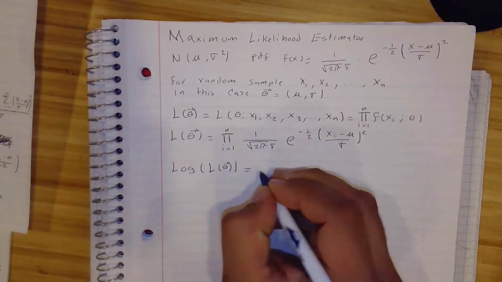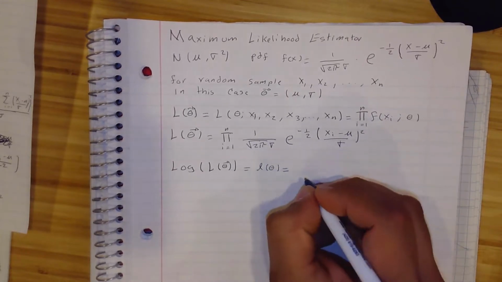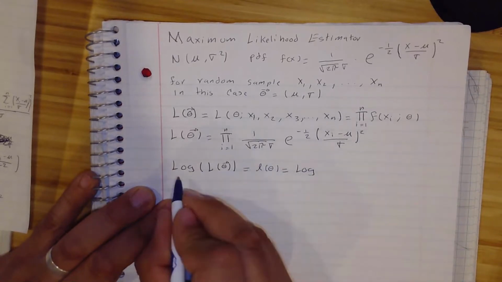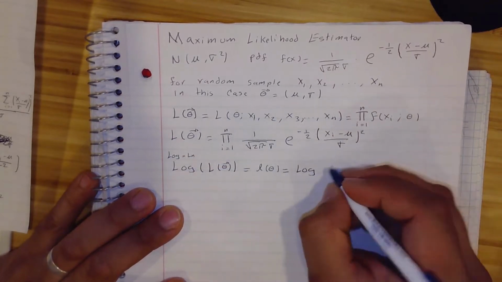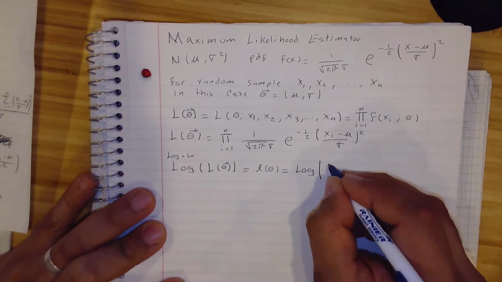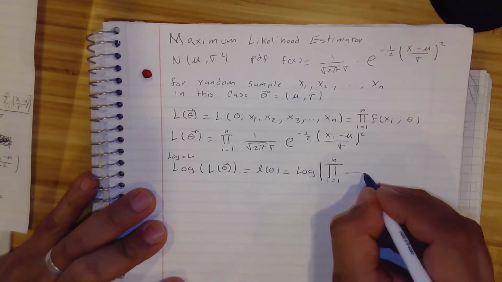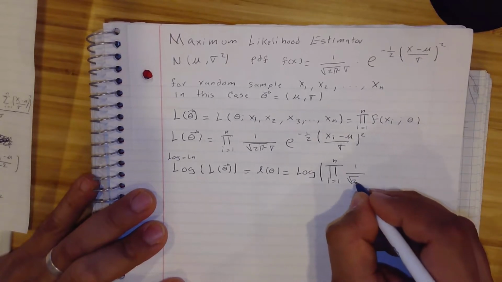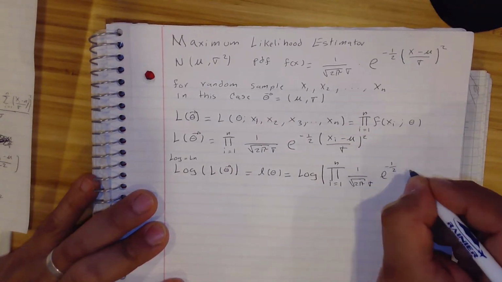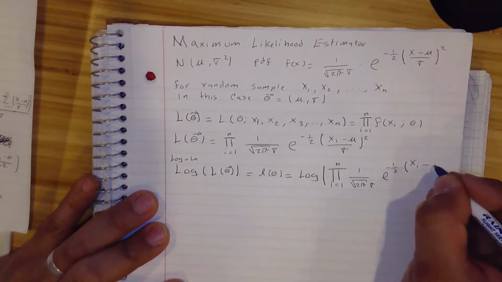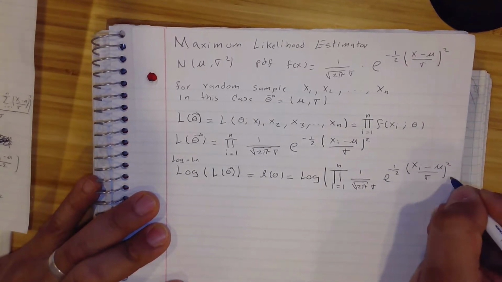So we can call this function with the lowercase l of theta, basically will be the log. I am writing log here, but I mean the natural log. Okay, so we have the multiplication of all these values, and then the same function, the probability density function, like this.